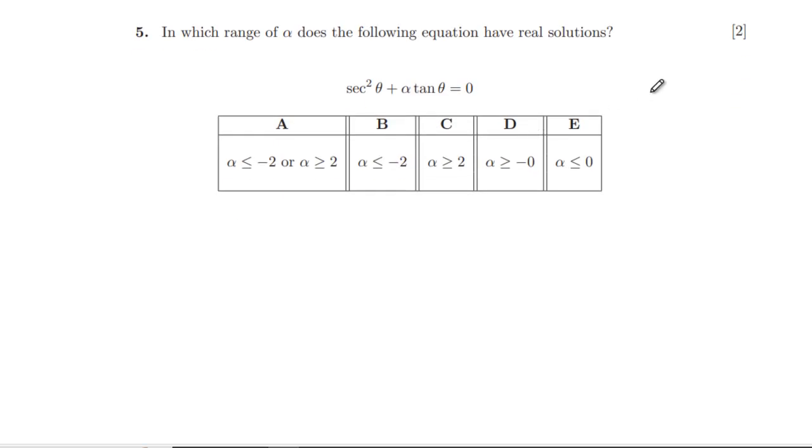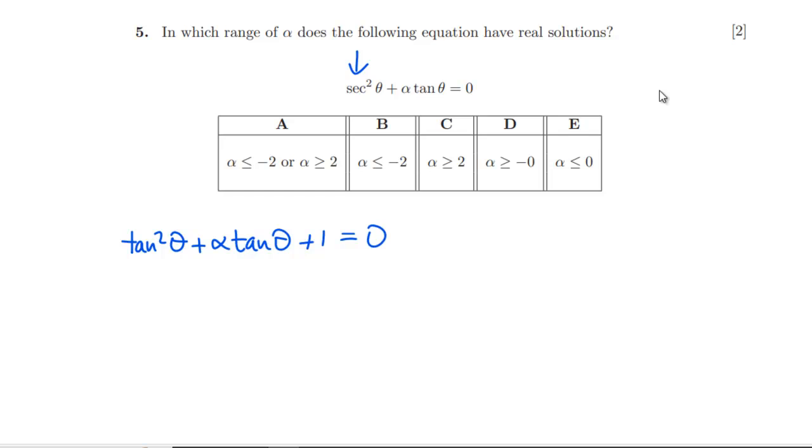Right. So in what range of alpha does the following equation have no real solutions? Right, so we need to change it to tan squared because we can't really change the tan that easily. So sec squared is tan squared plus 1. So that means we've got tan squared plus alpha tan plus 1 is equal to 0.